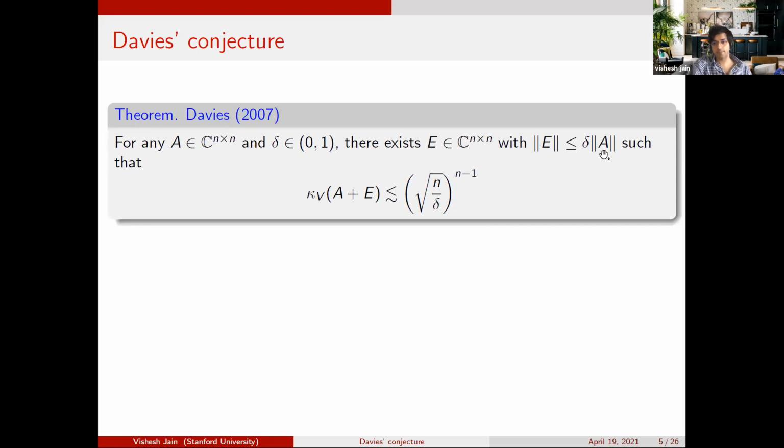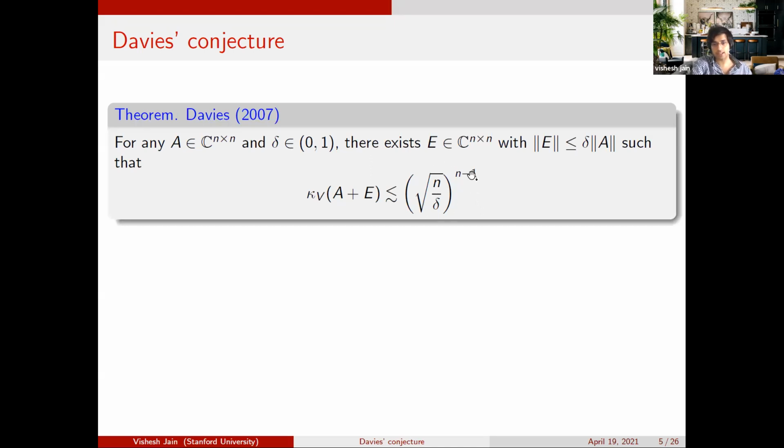The point is that the perturbation is proportional to the size of the matrix. So you can think of the matrix as having norm 1, and the perturbation has size delta. But anyway, what Davies showed is that if I give you a matrix of norm 1, then you can perturb it by a matrix of norm delta, such that the new matrix has eigenvector condition number something like 1 over delta to the n, right?